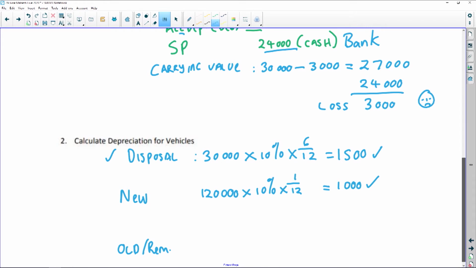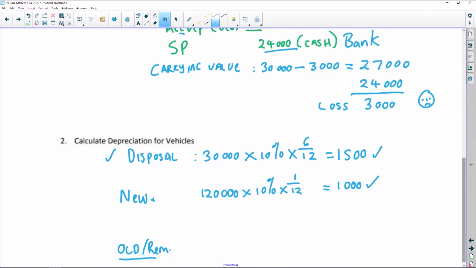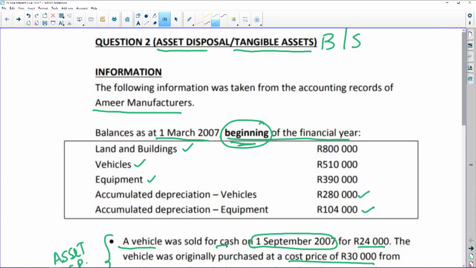Right, then depreciation on old or remaining vehicles. Now, what are they referring to as old or remaining? So obviously, it must not include the new vehicle and it must not include the vehicle that you disposed of. So if we go back to our information, vehicle had a cost price at the beginning of the year of 510,000.